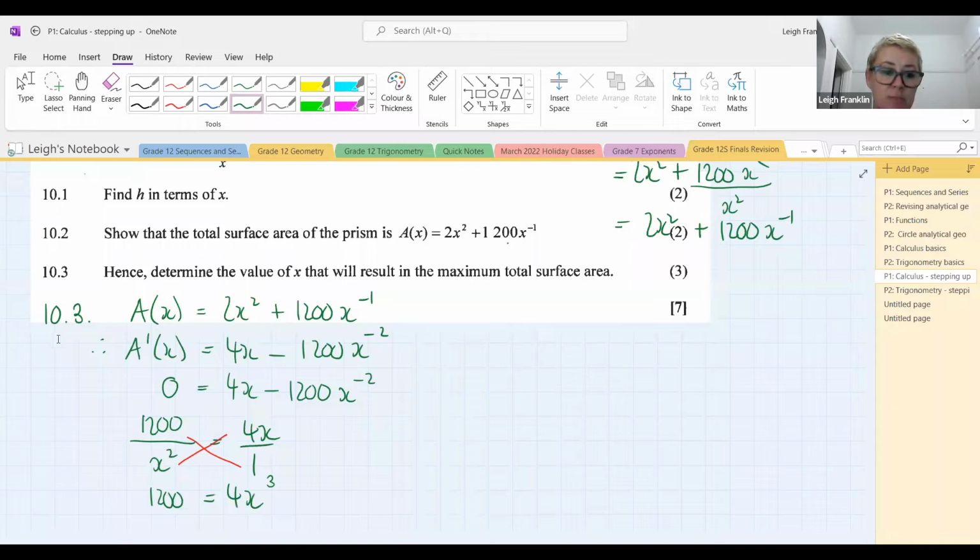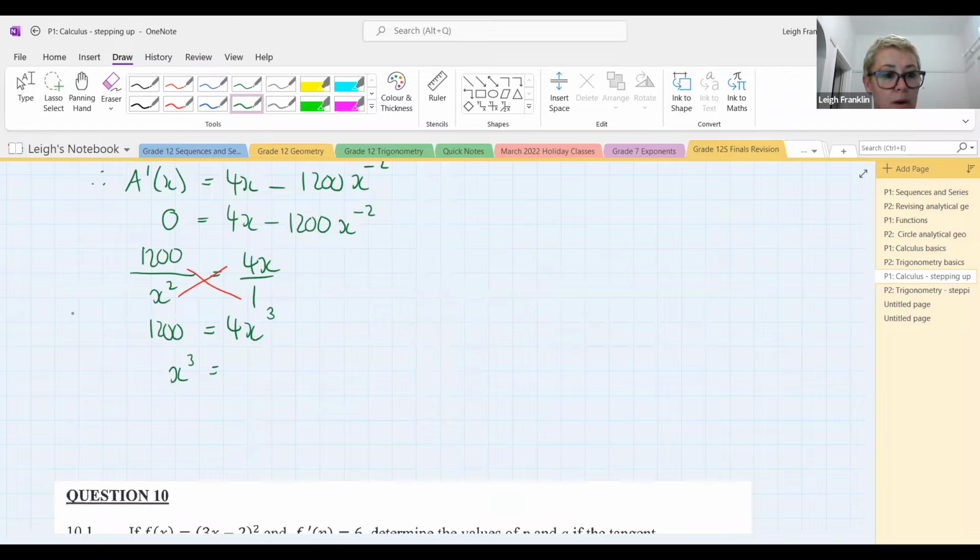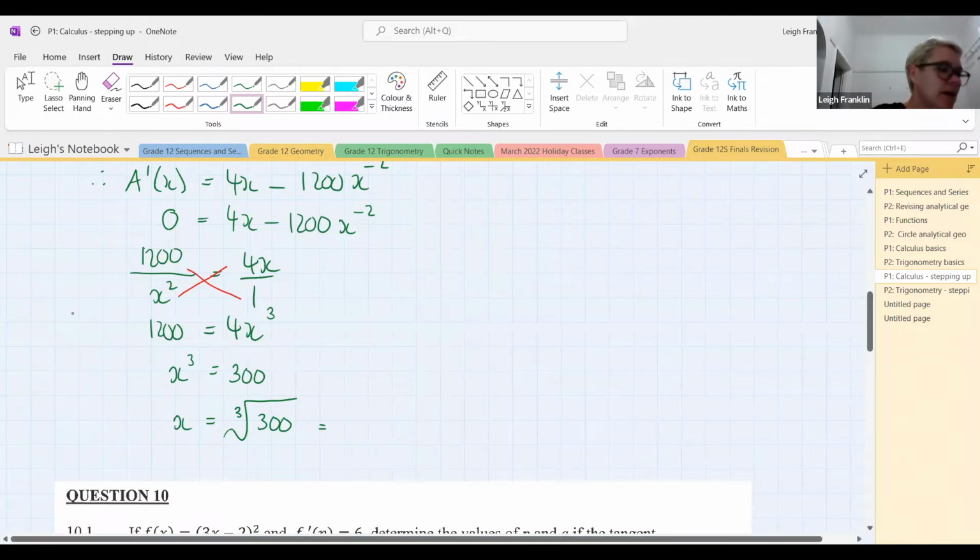Now we can divide both sides by 4, so x cubed is going to be equal to 300. Now we can take the cube root. Here x is going to be equal to the cube root of 300, which we can work out on our calculators.